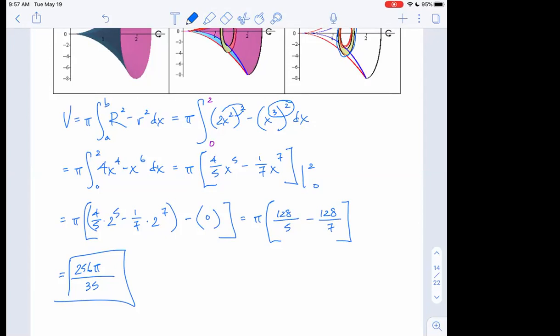Okay. Now from there, we can go ahead and integrate. So we get 4x to the 5th over 5 minus 1/7 x to the 7th.